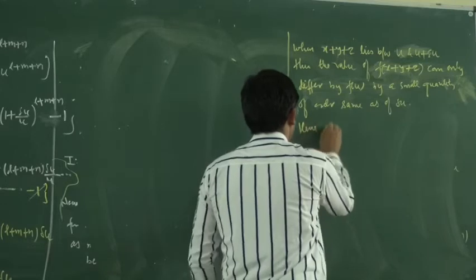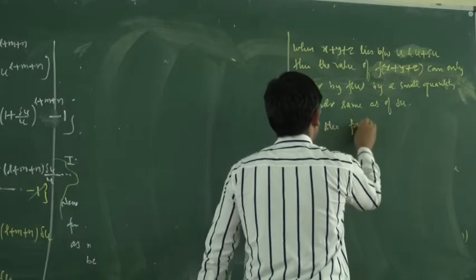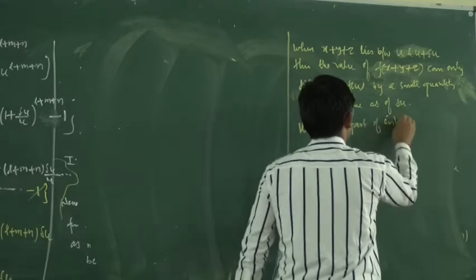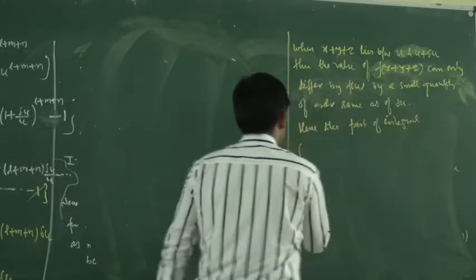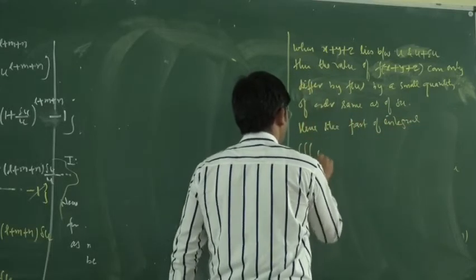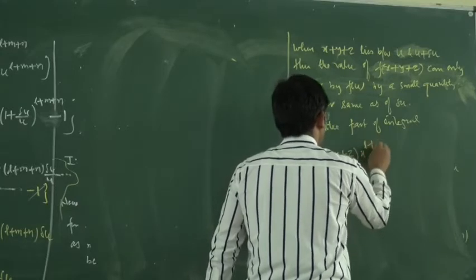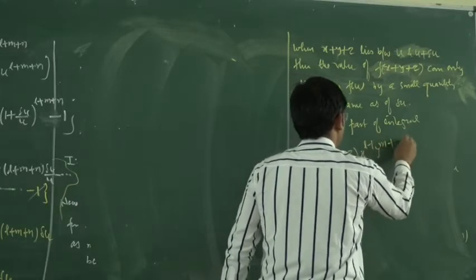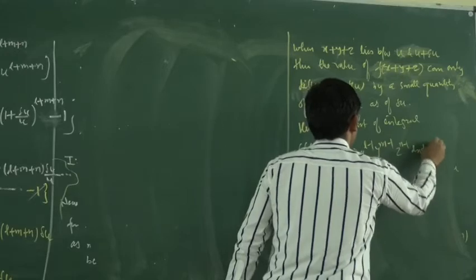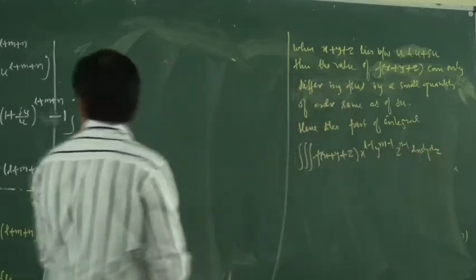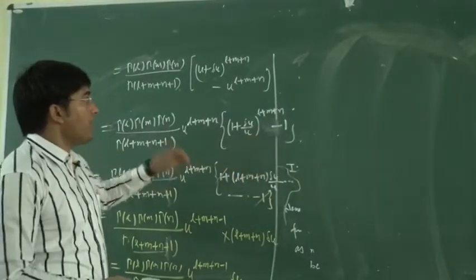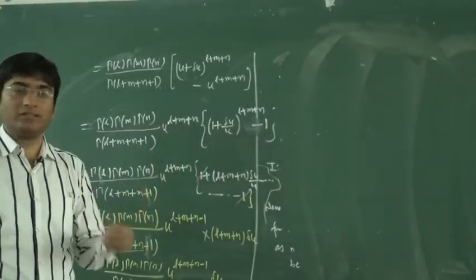Hence the part of the triple integral of f of x plus y plus z, x power l minus 1, y power m minus 1, z power n minus 1 dx dy dz. Please note that this was the value of this triple integral extended for u plus delta u.